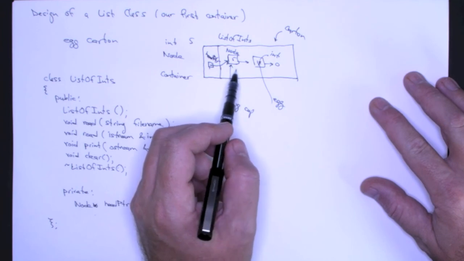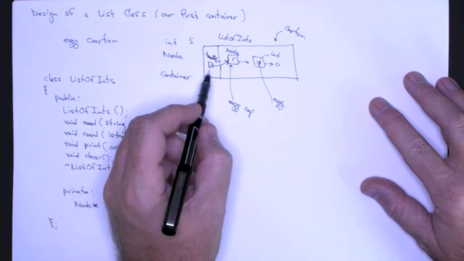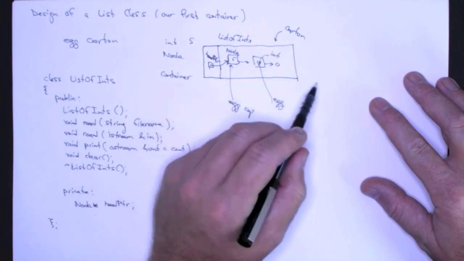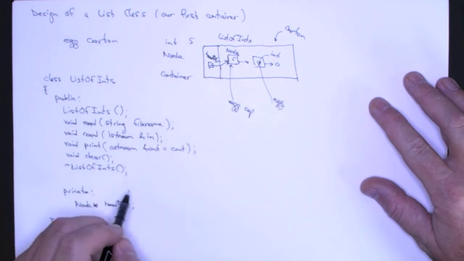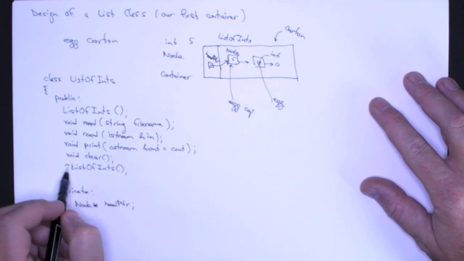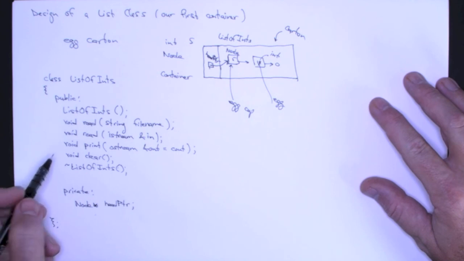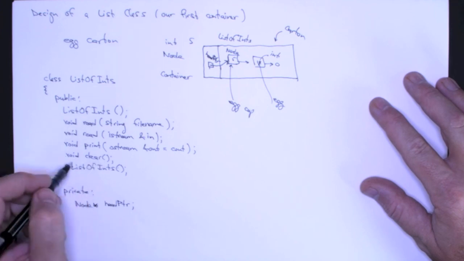As you know, the destructor automatically executes when we leave the scope in which we've declared this list, and so our destructor is going to traverse this list and delete each individual node, just like we did in the example. In fact, this is the same operation that the clear method performs, so our destructor is going to call clear, and you'll see that in the implementation. This just gives someone using my list the ability of clearing it themselves.